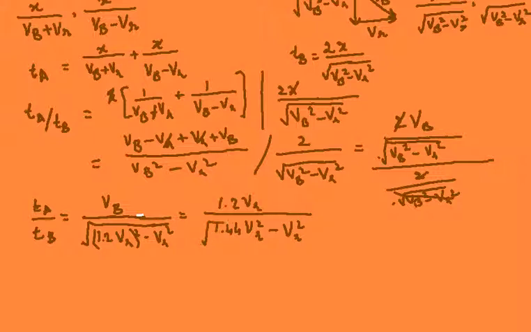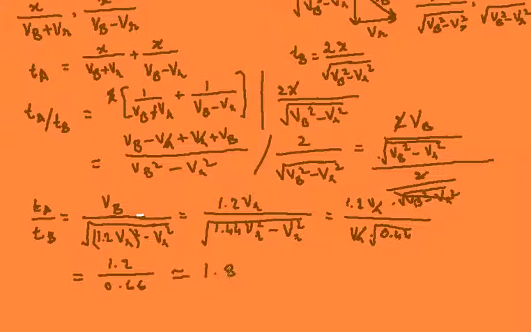I can get the Vr outside, so this is 1.2 Vr by Vr into root of 0.44. The Vr's get cancelled out, and I'm left with 1.2 by root 0.44, which is about 0.66. So it's approximately equal to 1.8. So the ratio of the times taken by the boats would be 1.8.